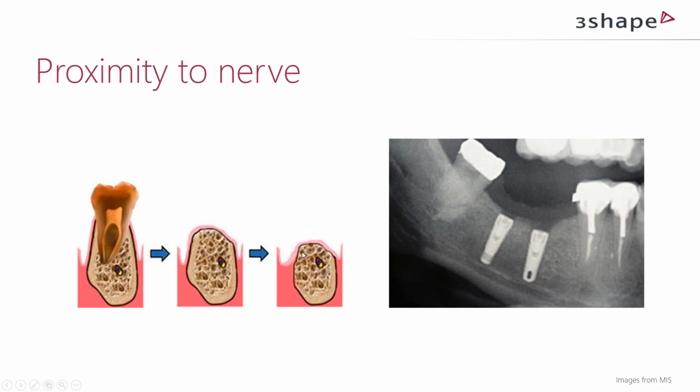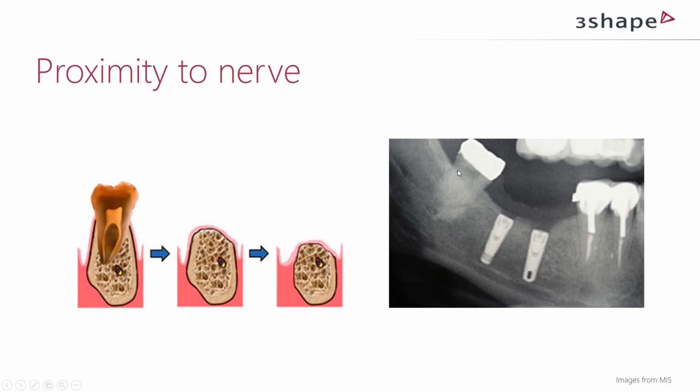If you place a prosthesis or a partial denture on this, it will resorb even faster. The only way to actually keep it for a while is to place an implant. But what happens if we place an implant in this area? Let me see if I can find the cursor. So we have the tooth, we have some resorption.